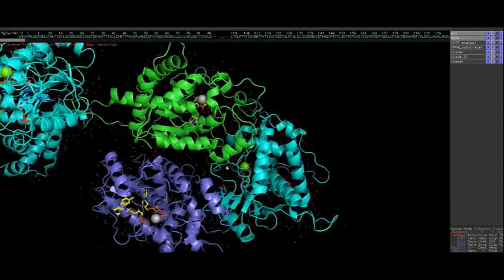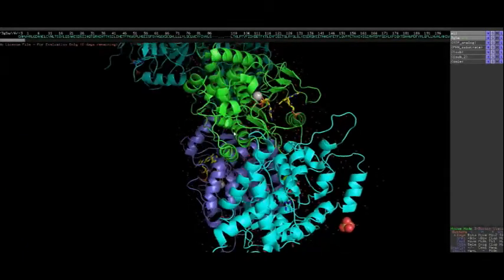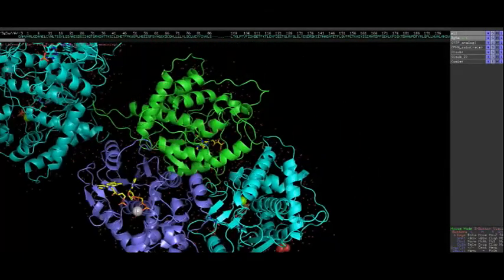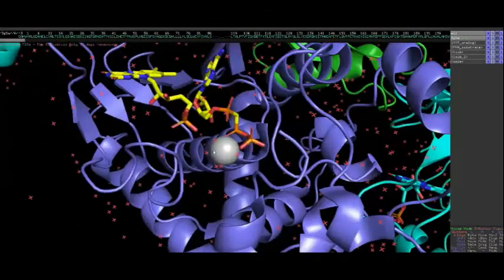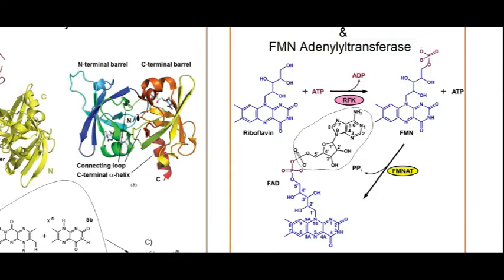And we see that this has 3 subunits here. And once again, it has a magnesium ion in here, very common for phosphate stabilization. But that is how you go from riboflavin, which, as I said, is the form of vitamin B2.